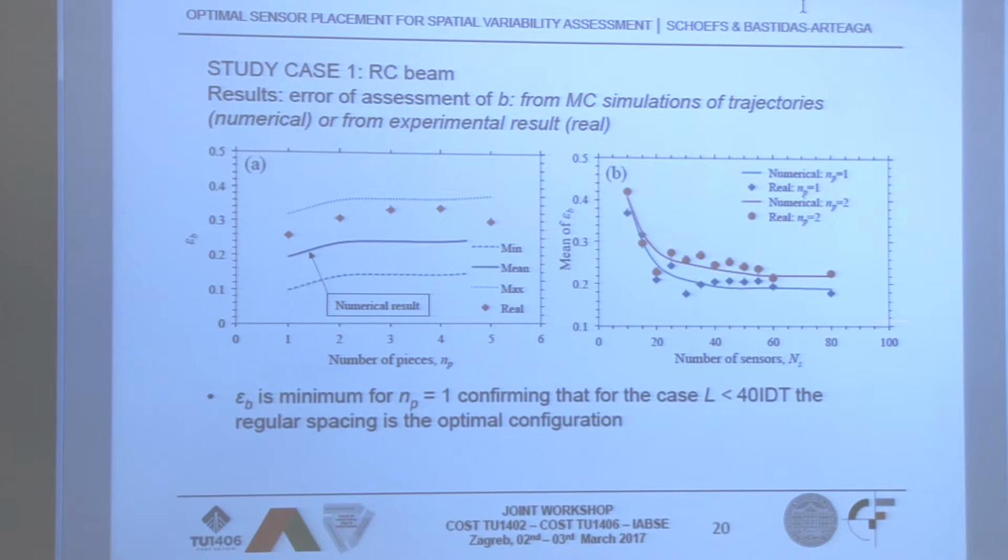We proved, and we published that in a paper, that for the length of a beam less than 40 times the scale of fluctuation, we have this type of optimization. So you can see here that the numerical fitting for one piece is better than for two pieces.